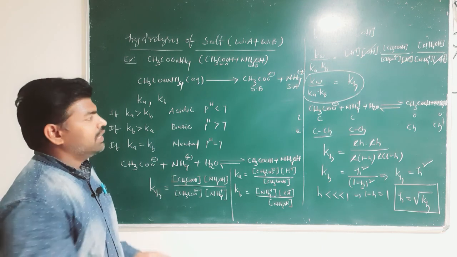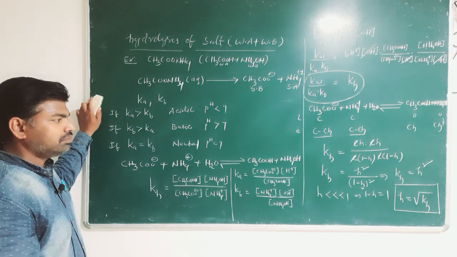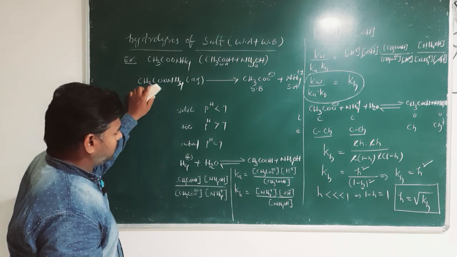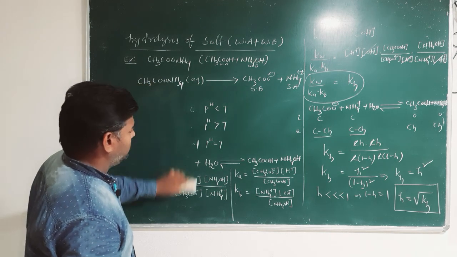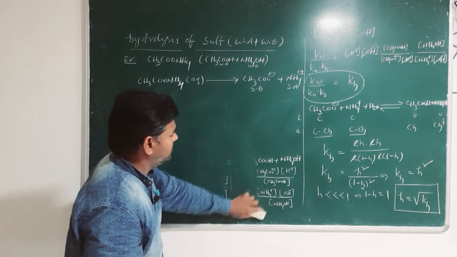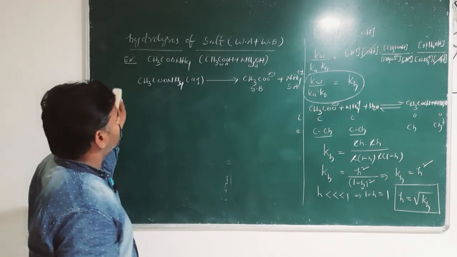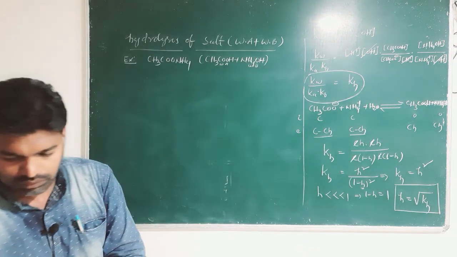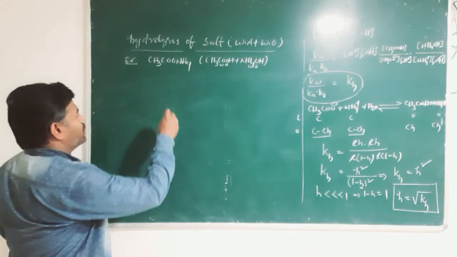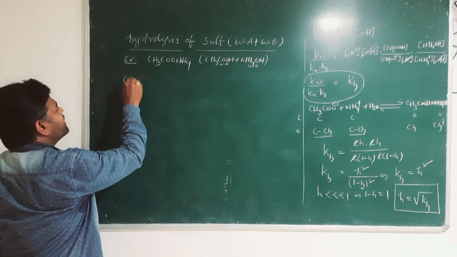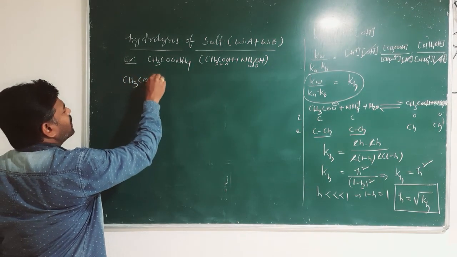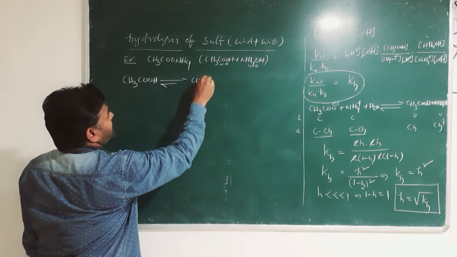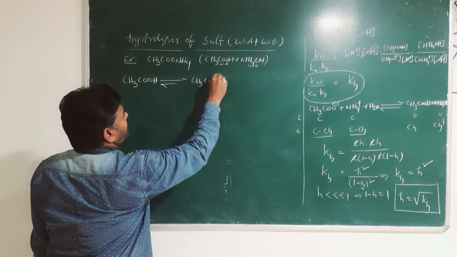So, I shall take the acid dissociation, because acid upon dissociation gives H plus ions. From that we can get the concentration of H plus ions.